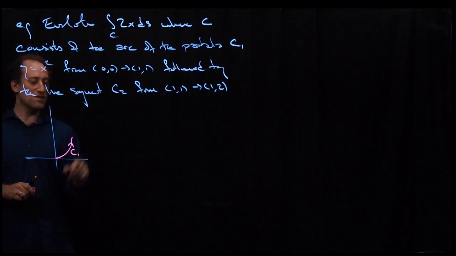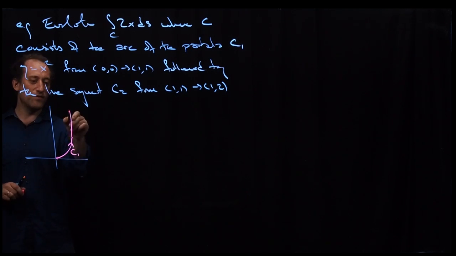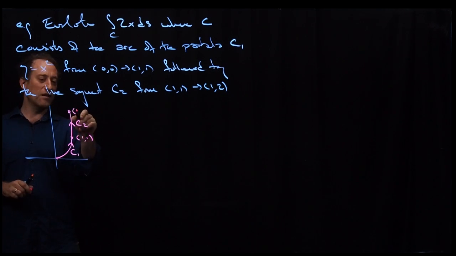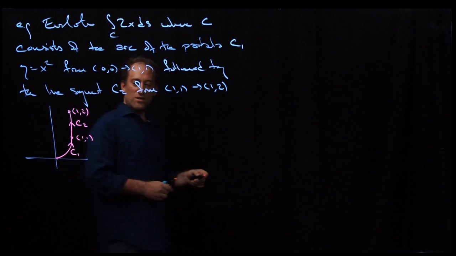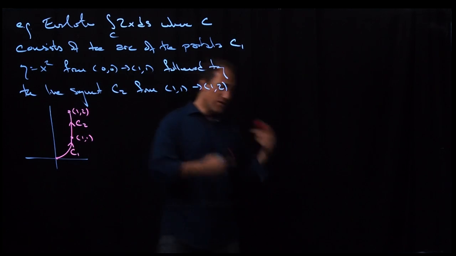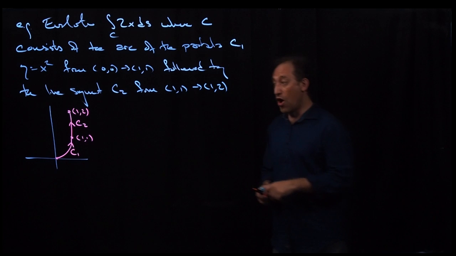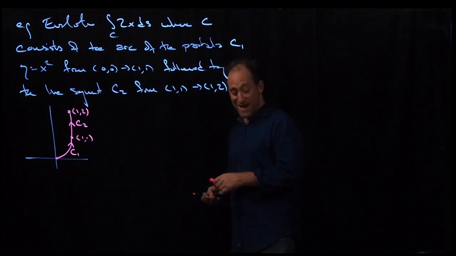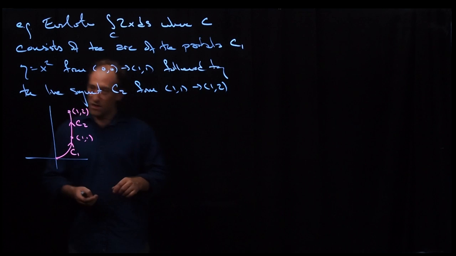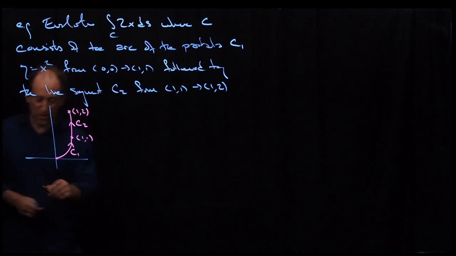So this is C1, and then followed by C2. So there's 1, 1, and there's 1, 2. All right, I need to parameterize each piece, evaluate the line integral on each piece, and then add the results together.